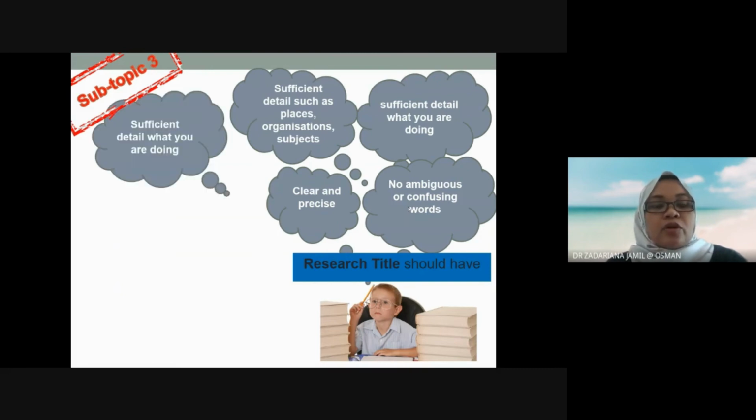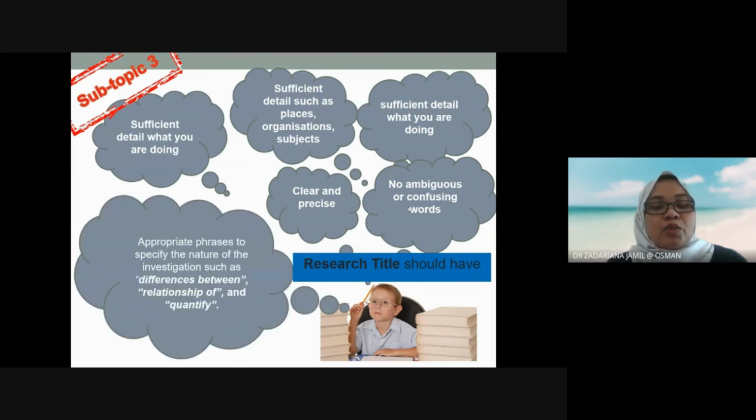Use appropriate phrases to specify the nature of the investigation, such as differences between, relationship of, and quantify. These are examples. You may use other words or phrases that are suitable for your research.